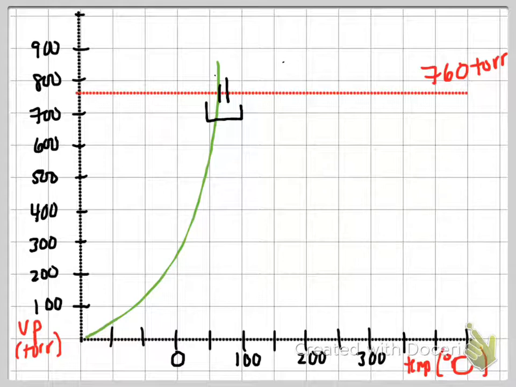So if this is 50 and this is 100, what would the half be? 75. If it's half of the distance between 75 and 50, you're talking about 50 plus what? Half of 25. 12.5. So that would give you 62.5.